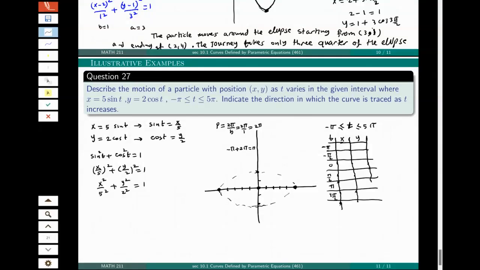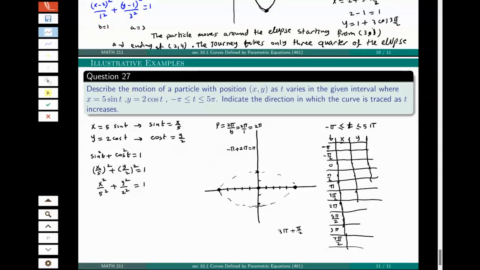Then so we say 0, pi over 2, pi, 3 pi over 2, then 2 pi, then after 2 pi it will add pi over 2, 5 pi over 2, 6 pi over 2, which is 3 pi, sorry, it will be 3 pi, then 3 pi plus pi over 2, that will be 7 pi over 2.